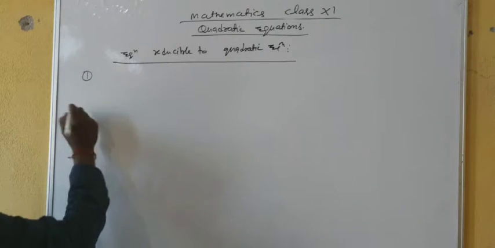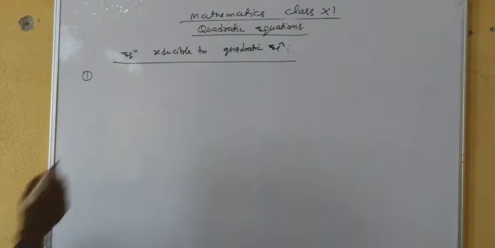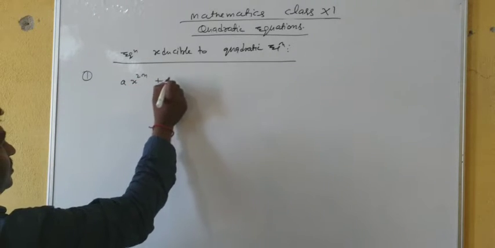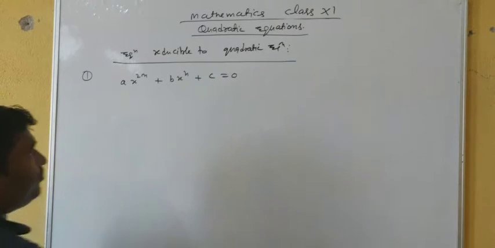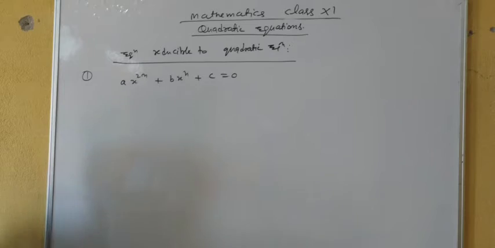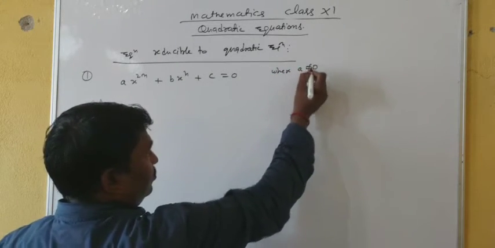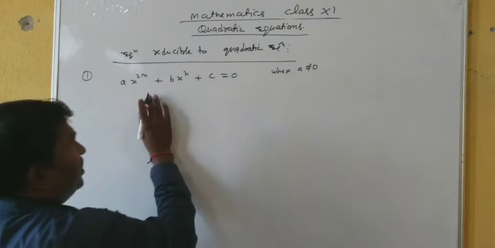So the first form is that some of the equations are of the type a x power 2n plus b x power n plus c is equal to 0, where a is not equal to 0. If you are given an equation of this type, then what will you do?